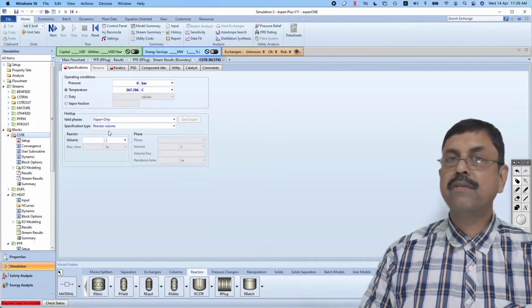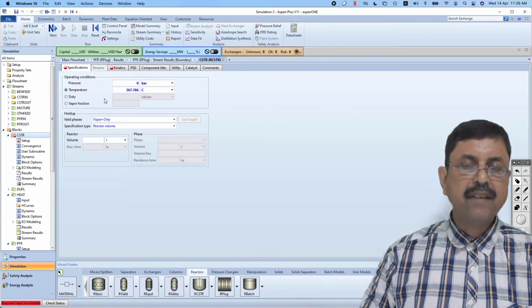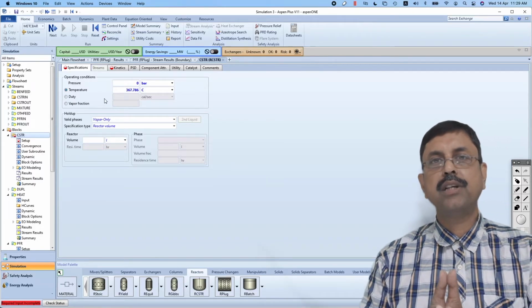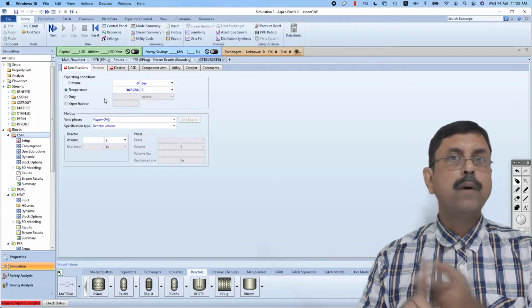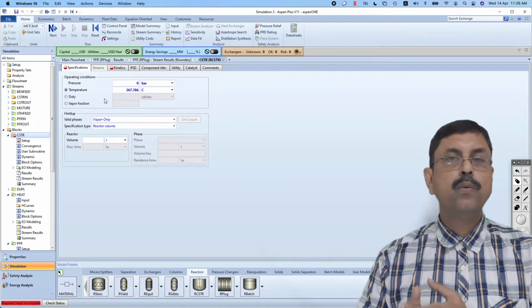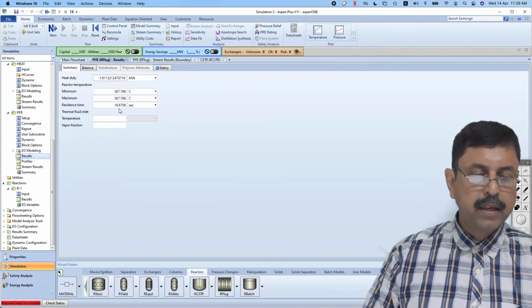Specification type, reaction volume. But we do not have the information about the reaction volume over there as per the PFR combination. But one thing is sure, the PFR, we know the residence time. So what is the residence time of PFR? It is 16.6706 seconds.